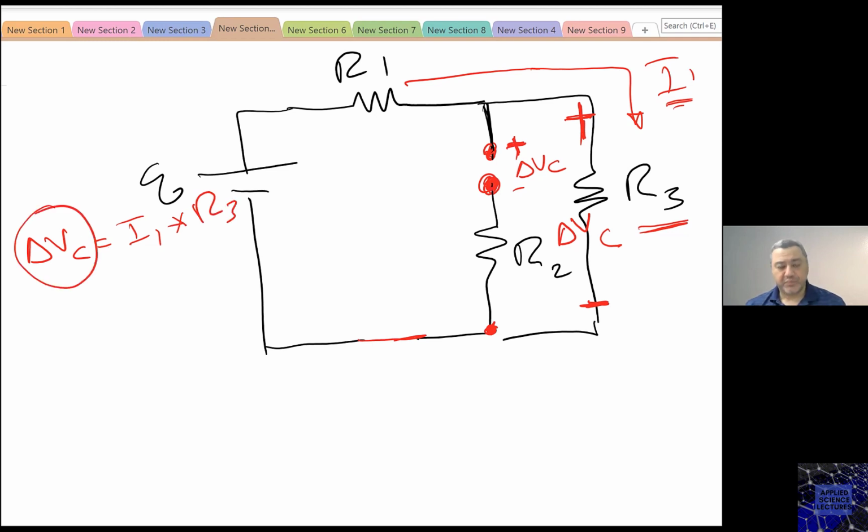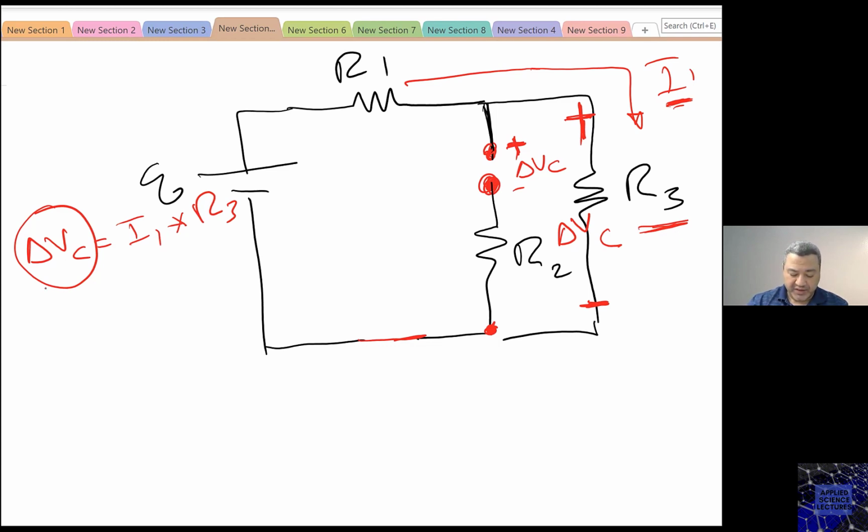So there is a value that I managed to calculate from my circuit when this was the current going into resistors R1 and R3, right? Now, I got this value.